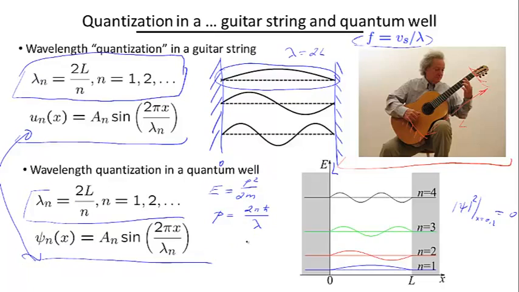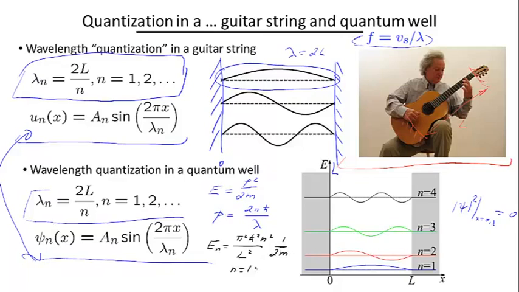If we put everything together, this quantization rule and the de Broglie relation, we're going to get the quantized energy levels E sub n, where n is a positive integer, equal to pi squared h bar squared n squared divided by L squared, the distance here. This corresponds to the momentum squared, times 1 over twice the mass.